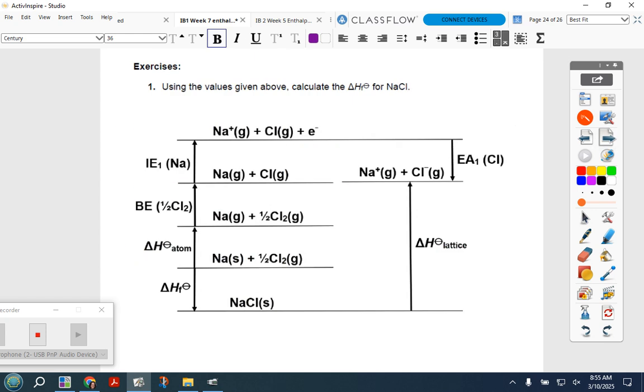I'm going to walk through them with you, but the idea is that we can create this really big enthalpy cycle in order to calculate, usually, either the lattice enthalpy of an ionic compound or its enthalpy of formation. So you're usually going to know one of those and then all the other stuff.